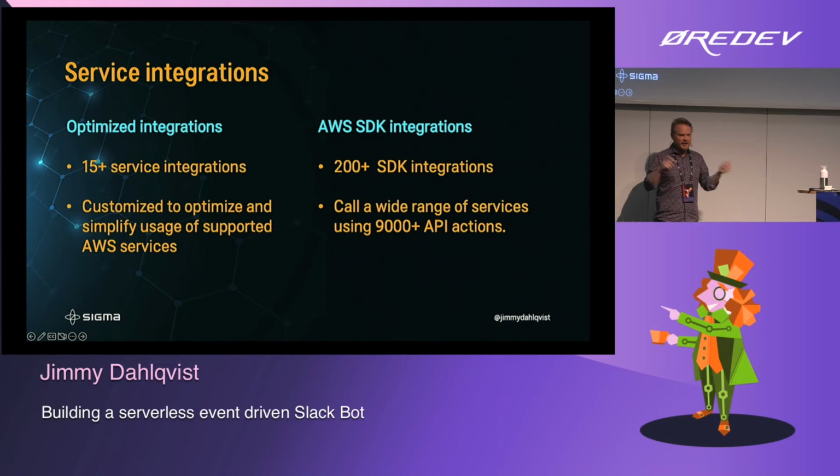Then we have SDK integrations, and that comes with over 200 integration points, and that is one of the latest releases, and probably one of the best releases in a very long time. And what we can do with that is basically we can call over 9,000 different APIs directly from Step Functions without writing a single line of code. That becomes super powerful.